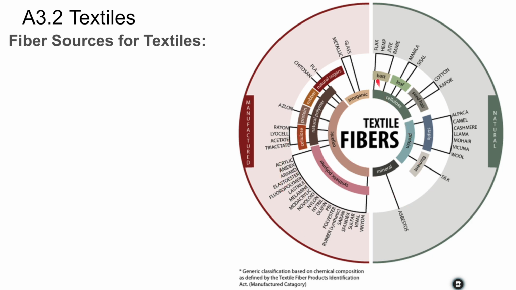This has everything from bast, which is essentially the stem of a plant, to leaves, to seed hairs, to different types of wools, to silk, and even mineral. On this side, you can see inorganic and organic and different types of synthetic fibers.